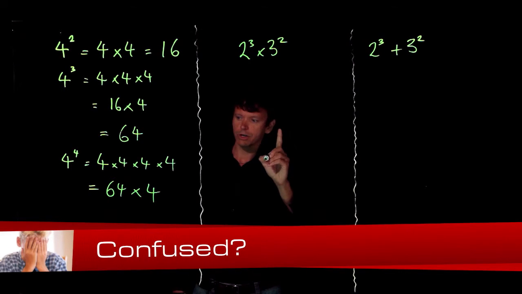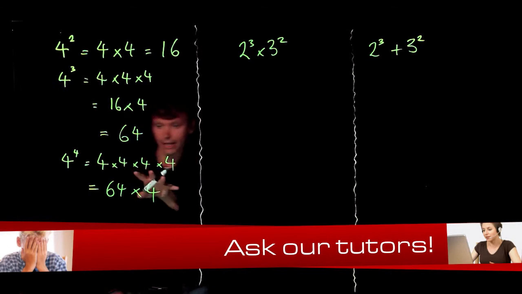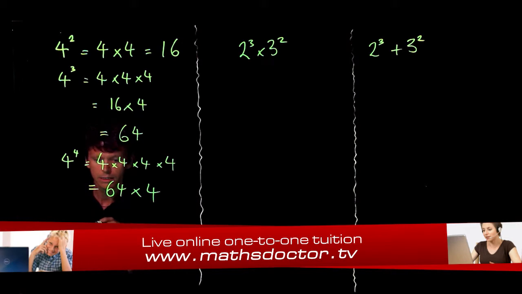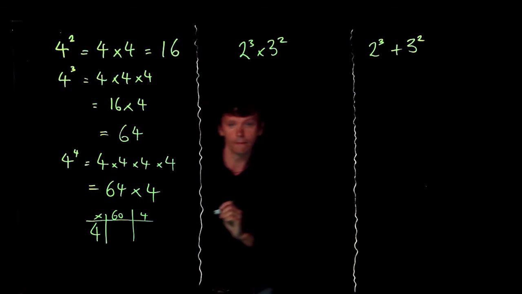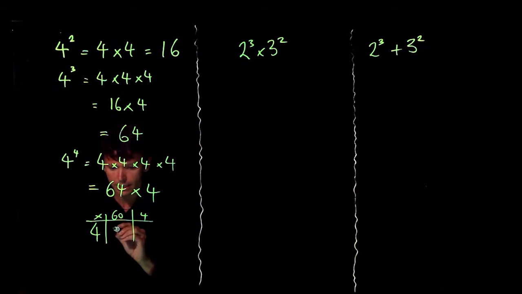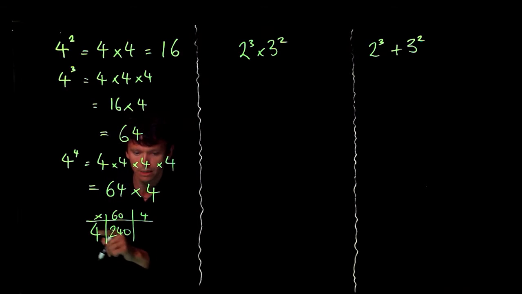Okay, so you might want to use a grid method for this. You could split that up to make that a little bit easier. So we're going to say it's 4 times by 64. 4 times by 60 is 240. 4 times 4 is 16.